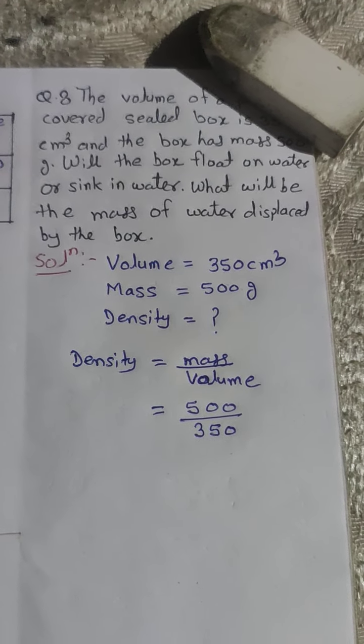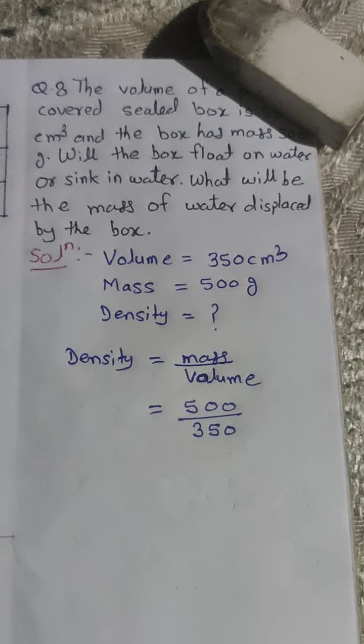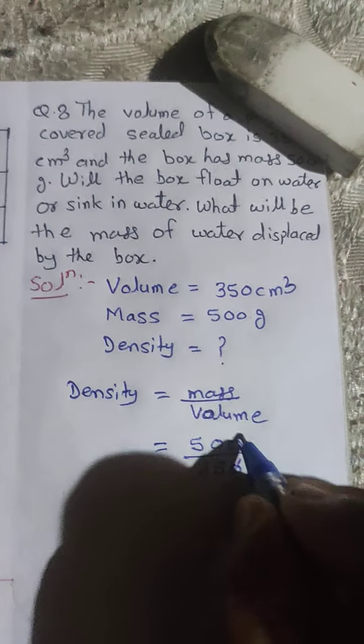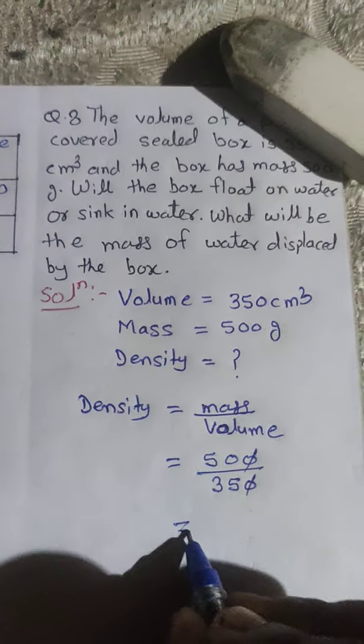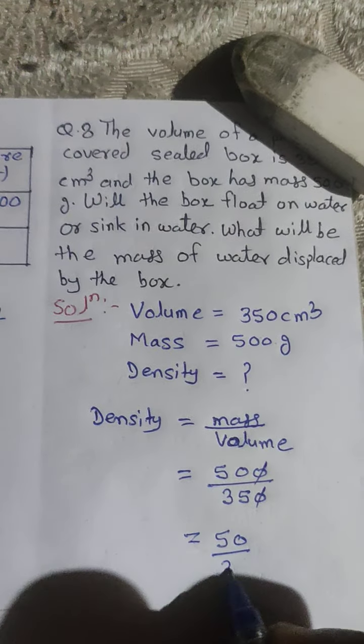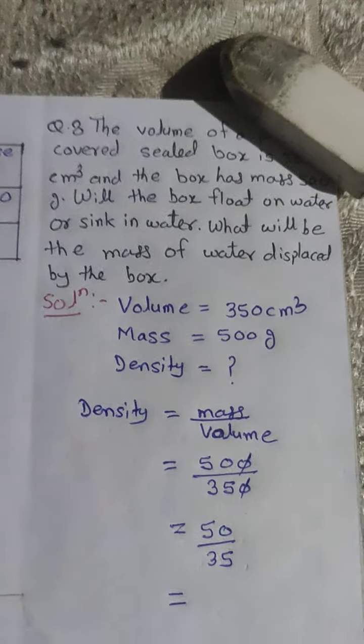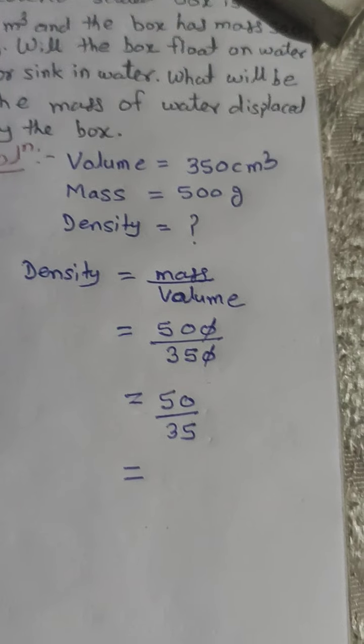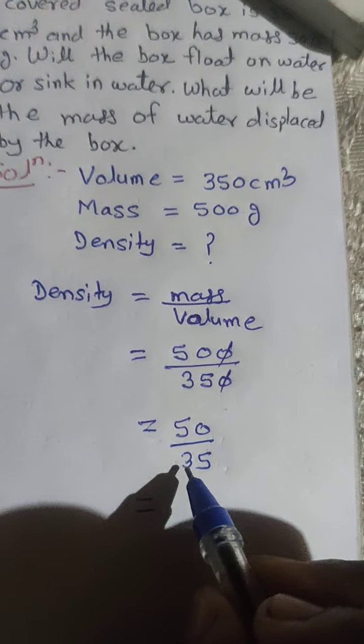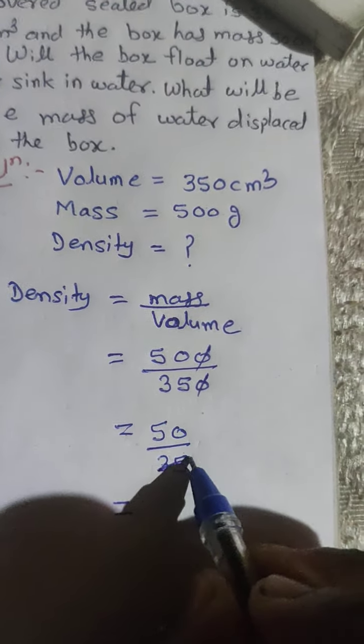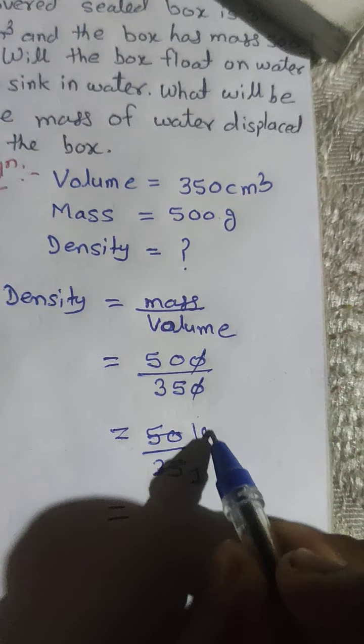500 upon 350. So just cancel 0 by 0. Now 50 upon 35. It will be cancelled by 5. 5 sevens are 35 and 5 tens are 50.